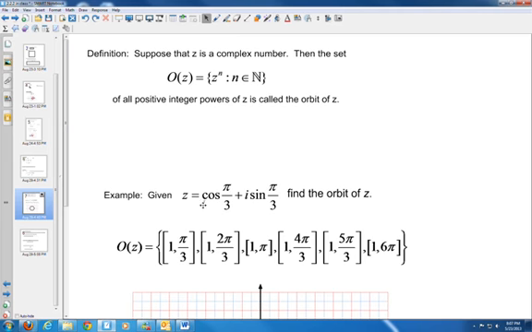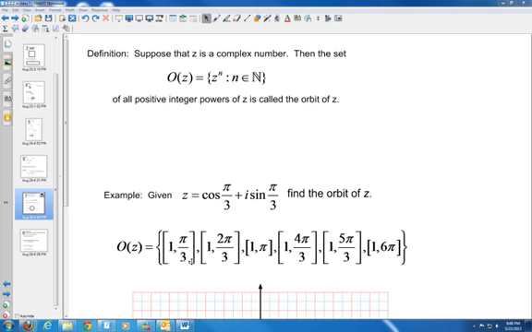Here of course r is 1 and theta is pi over 3. So our first z in polar form is 1 comma pi over 3. That would be z to the first power. Here for z squared, again, you simply take 1 squared, which is 1, and then you multiply pi over 3 by 2. You continue that pattern, and then the last one you'll get is 1 comma 2 pi.